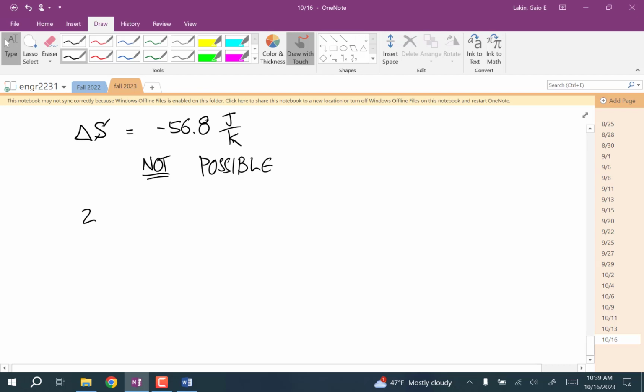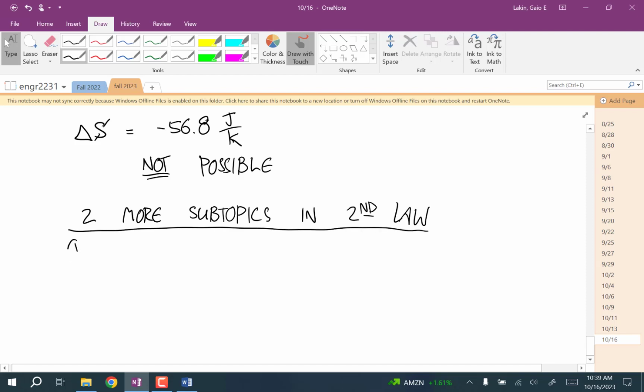Okay, we have two more subtopics in the second law. The first one is isentropic processes. We've seen a lot of properties, how to deal with processes where different properties stay constant.